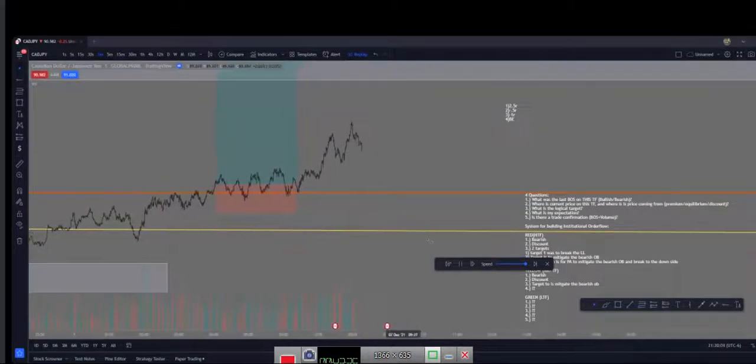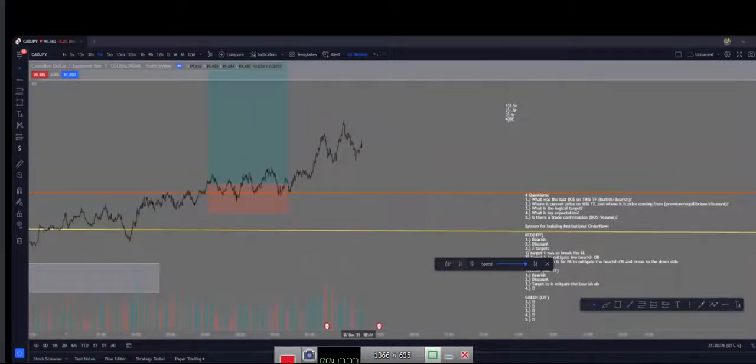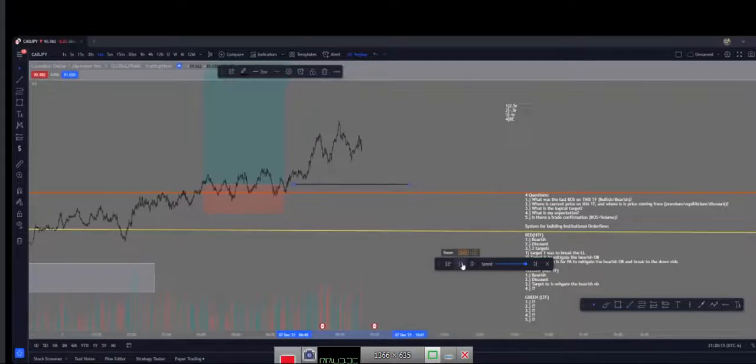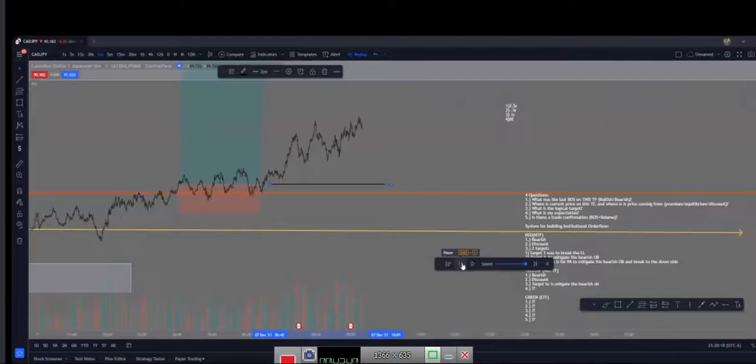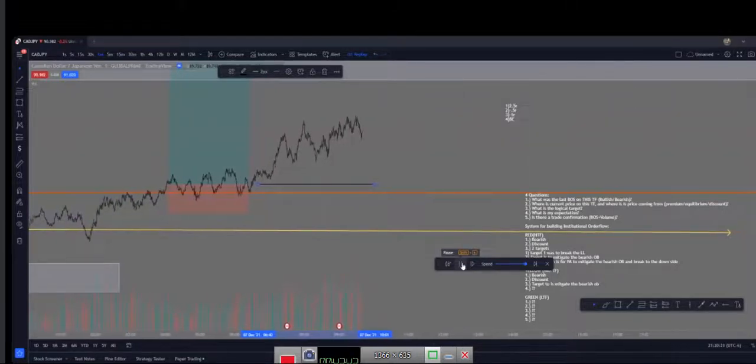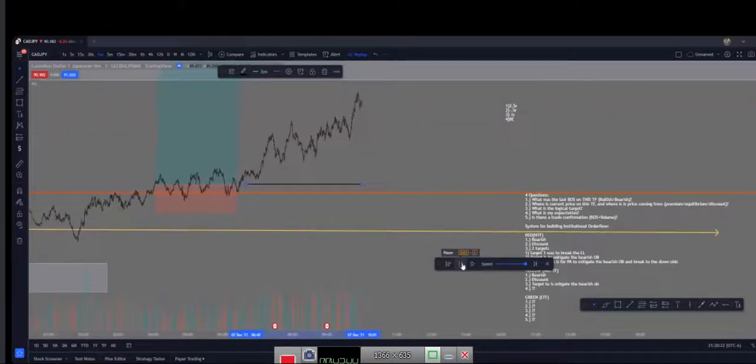Where would you move your stop? It made another high. Break even? Okay. Another leg up. There you go. It broke.